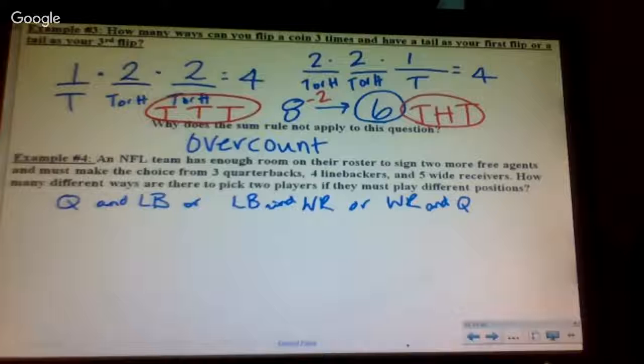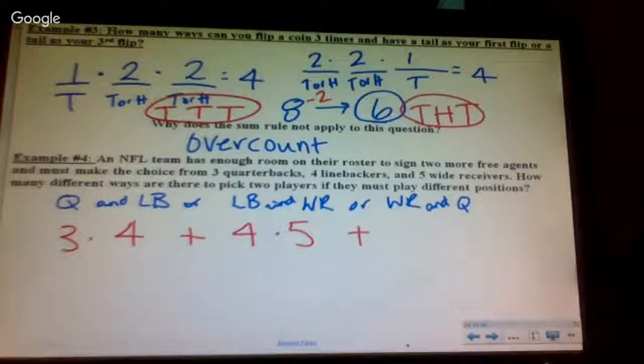Okay, so let's talk about our options and numbers. What does quarterback and linebacker look like? 3 and linebacker, 4. 3 and 4. Or plus, what does linebacker and wide receiver look like? 4 and 5.